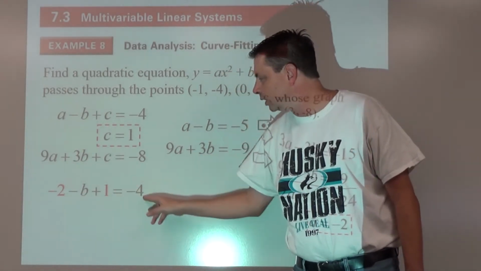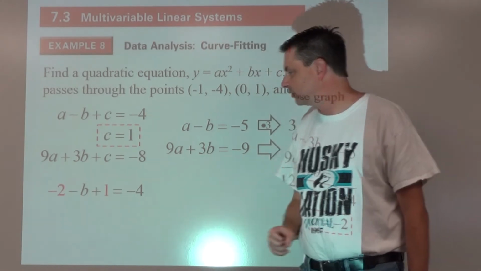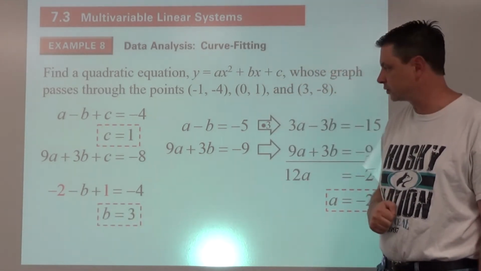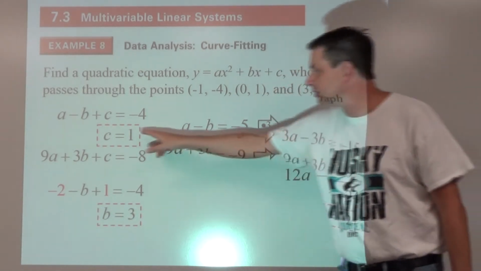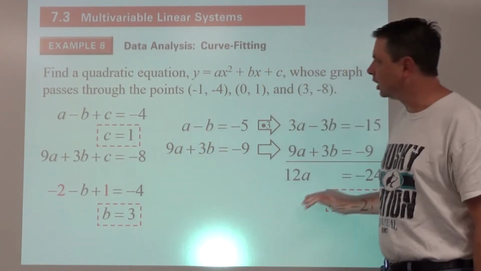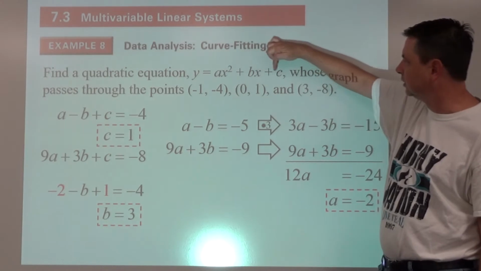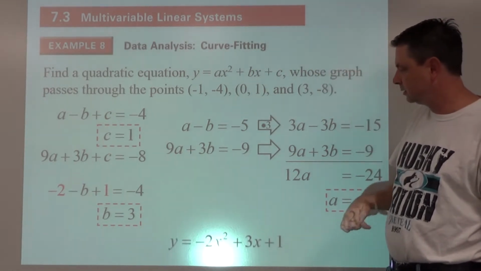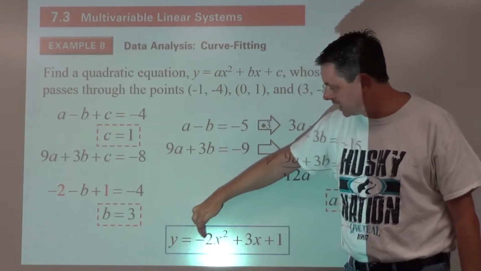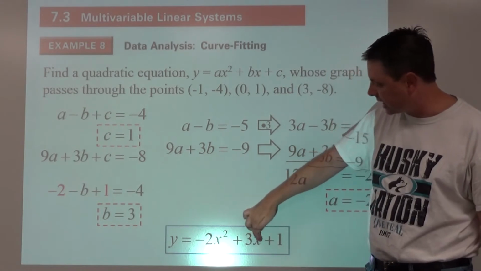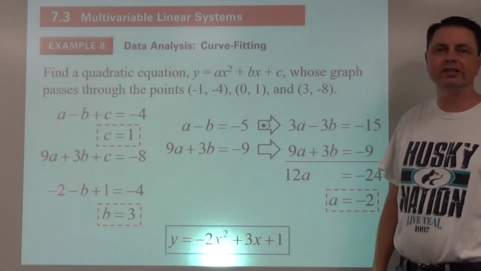If I add 1 to both sides, I get -b equals -3. So that means b equals 3. And we already know that c is 1. So we've got it all. Now go back to the original, replace a, replace b, replace c. y equals -2x squared plus 3x plus 1 is our function.